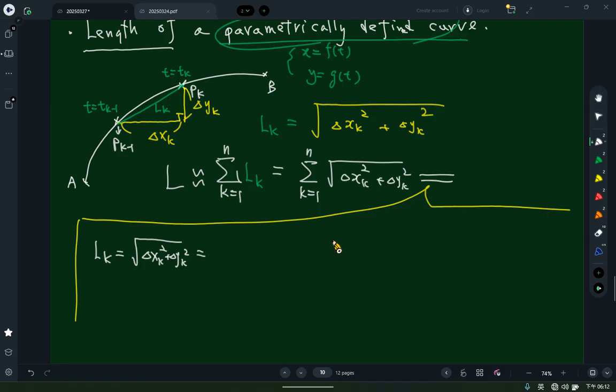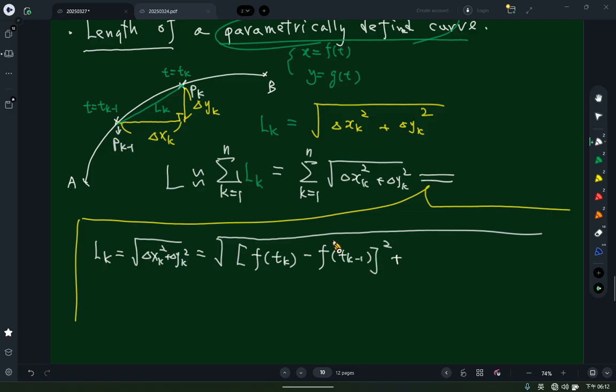Then it will be regarded as the square root of f of t_k minus f of t_{k-1}, squared, plus g of t_k minus g of t_{k-1}, squared. Right? Do you agree with that?